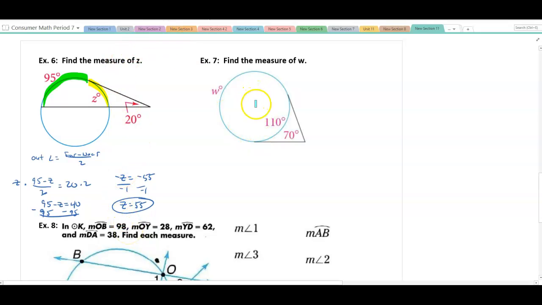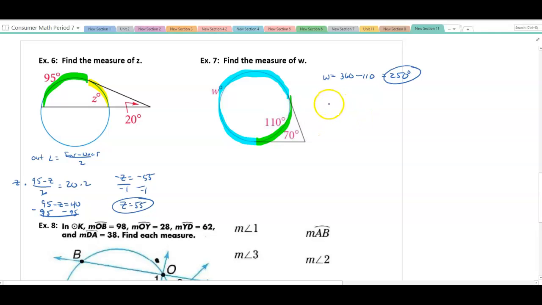Okay, now example 7 here. If I look at my far arc here, then I look at my near arc here. Right away, there's two things that you need to understand. One, there's an easy way to do this because what do the green and the blue arc have to add up to? So basically, the easiest way to do this would just be 360 minus 110, which would be 250 degrees.